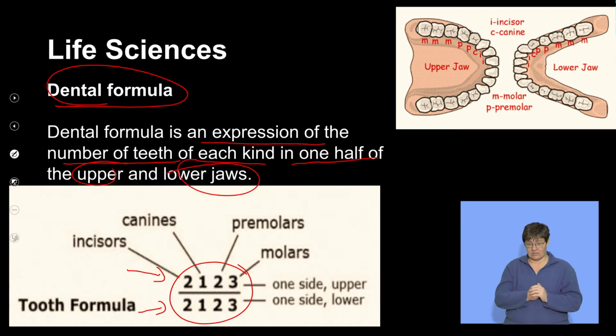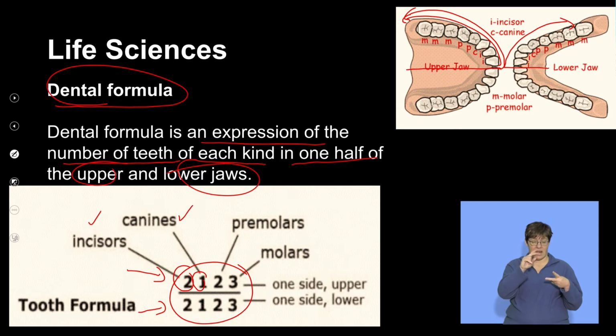Here we see the lower jaw, and the dental formula points to the distribution of teeth from the middle moving back, and again on the upper jaw, from the middle to the opposite end going back. Here we see the evidence of 2 incisors followed by 1 canine, 2 premolars and 3 molars, moving from the middle.